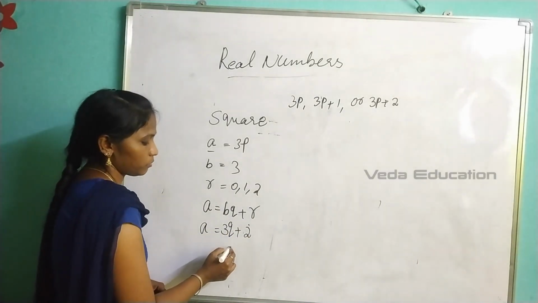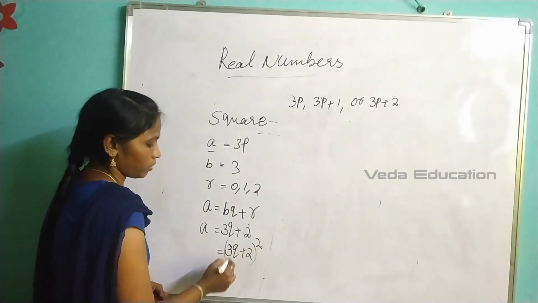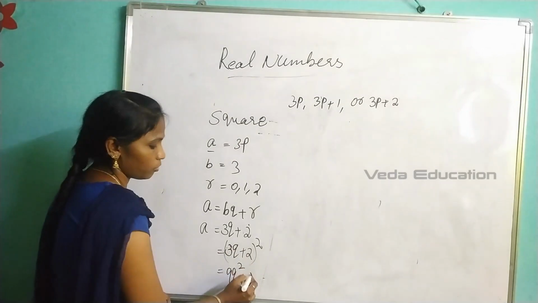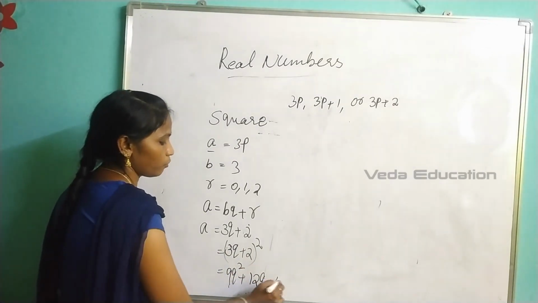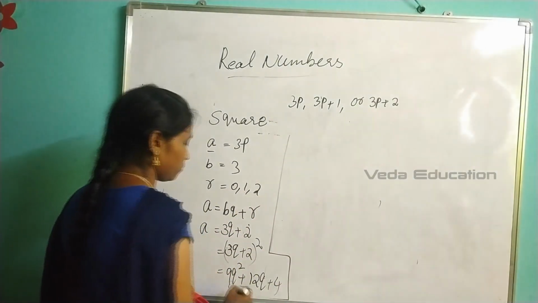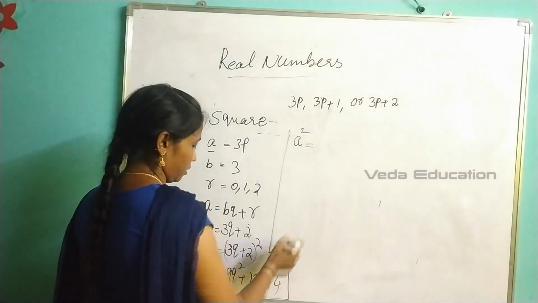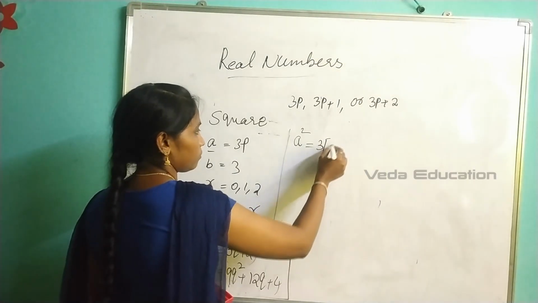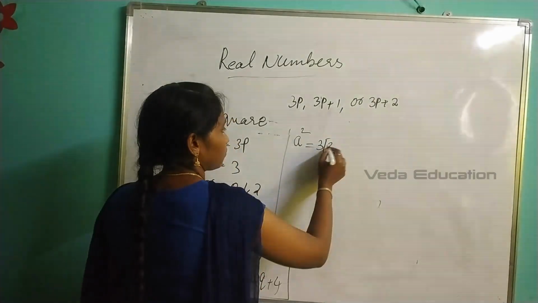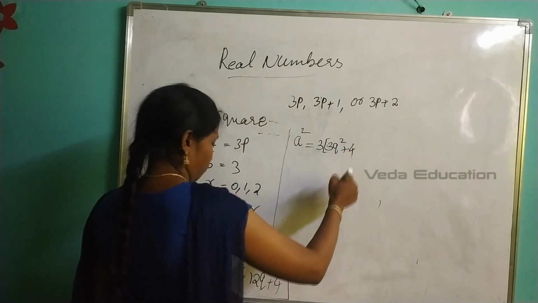Okay, square it: 3q plus 2 whole square. 9q square, 2 times 3 is 6, 6 times 2 is 12, so 12q, and 2 square is 4. Now in the first two terms, take 3 common: 3 times 3q square plus 4q, plus 4.